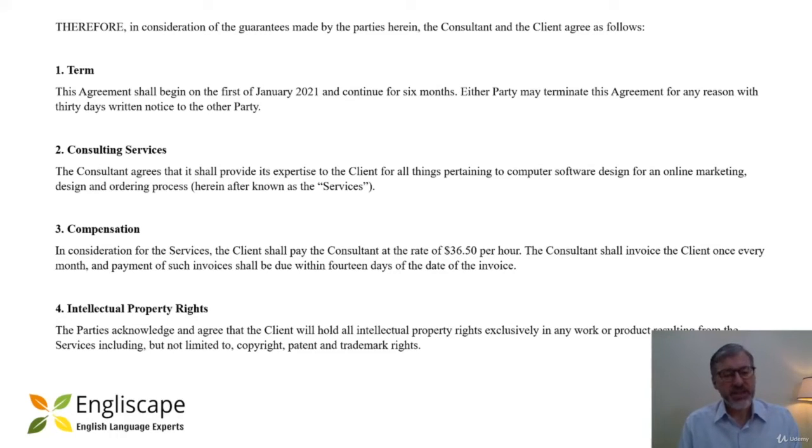The parties acknowledge and agree that the client, this is Mitchell Windows and Doors, will hold all intellectual property rights exclusively. That means this party only will own these rights in any work or product resulting from the services, including but not limited to copyright for publications, patent for ideas and processes, and trademark for logos and names. So the client here, Mitchell Windows and Doors, will own all of the software and anything that Krishna creates for this project.